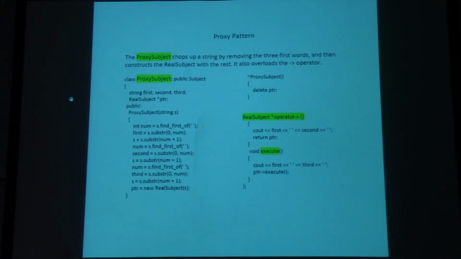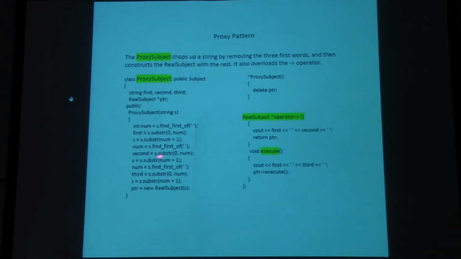These are private properties: the first, second, and third strings are private, and the real subject pointer is private. Here is the public constructor. It takes a string s and says int num is equal to s, which is a string, using the string class method find_first_of space.